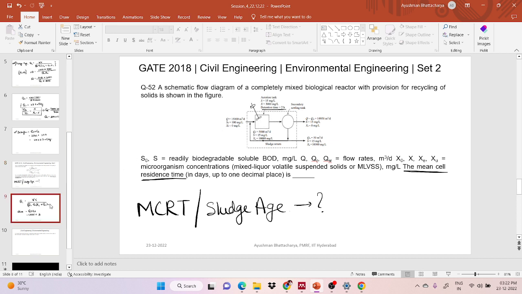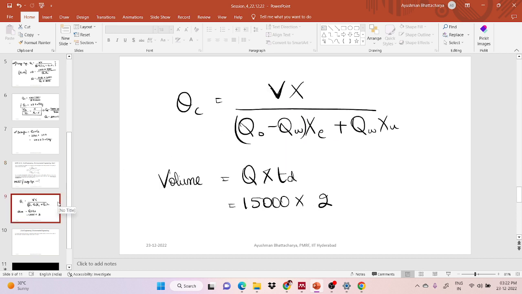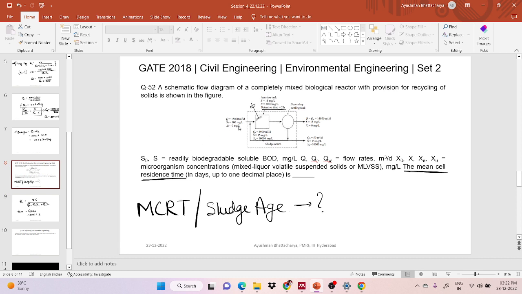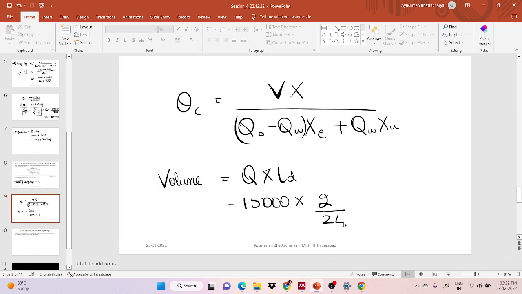Q was in per day. Since TD is in 2 hours, we have to divide it by 24 to make it per day. Then the value will come out to be 1250 meter cube. So the volume of the tank came out to be 1250 meter cube.